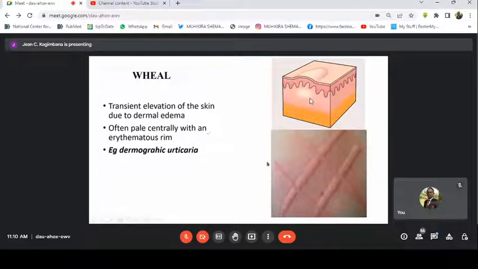Now, another palpable lesion is a wheal. This is seen only in one condition known as urticaria. In Kinyarwanda, people say yaciriwe n'inzoka.